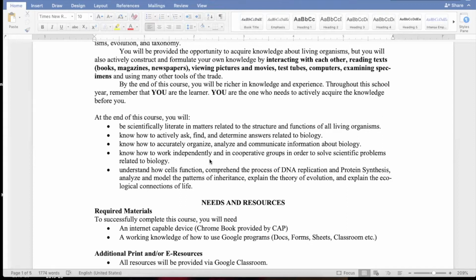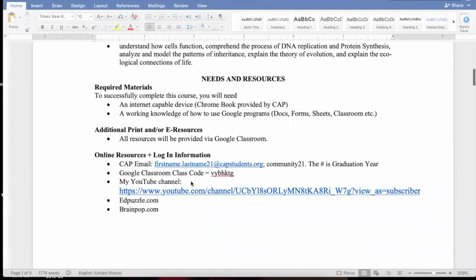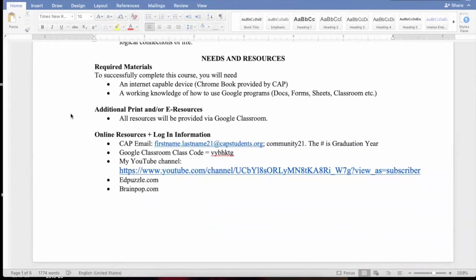Know how to work independently and in cooperative groups in order to solve scientific problems related to biology. And understand how cells function, comprehend the process of DNA replication and protein synthesis, analyze and model patterns of inheritance, and explain the theory of evolution and explain ecological connections of life. That was a lot.